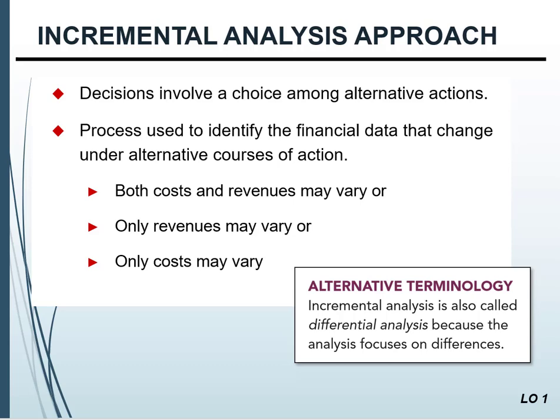We have to understand that sometimes when you make decisions, costs and revenues can change. They can both change or neither, obviously one of them is going to change, right? So we get either only revenues, only costs, or maybe they both will change over time.